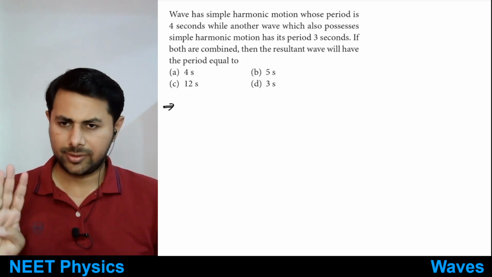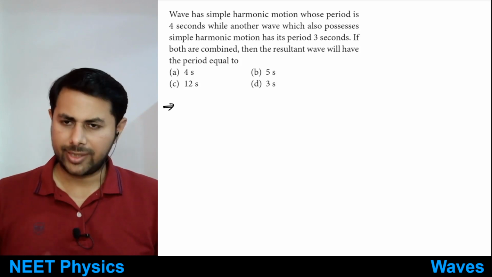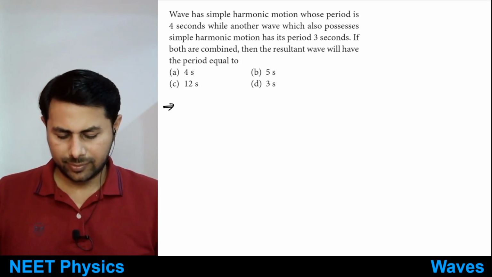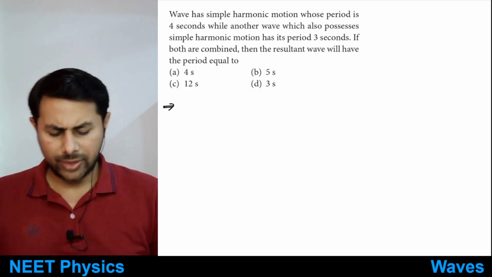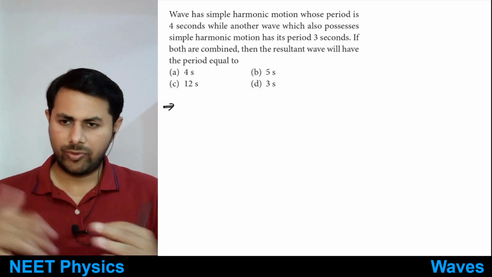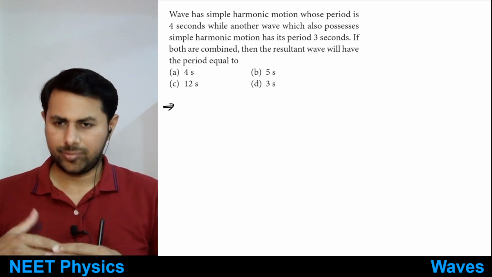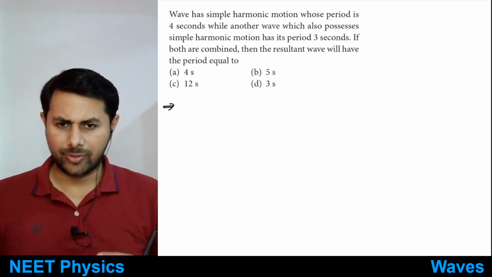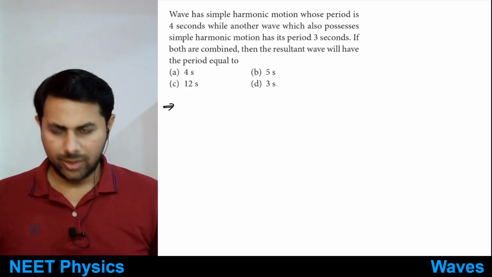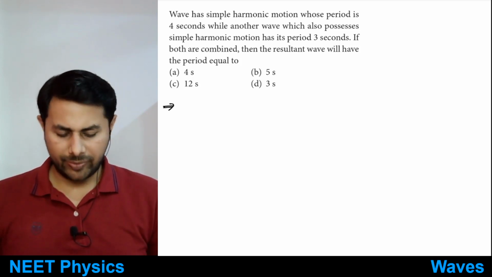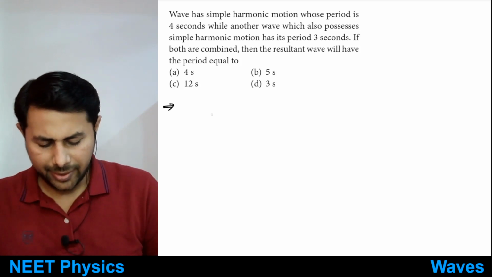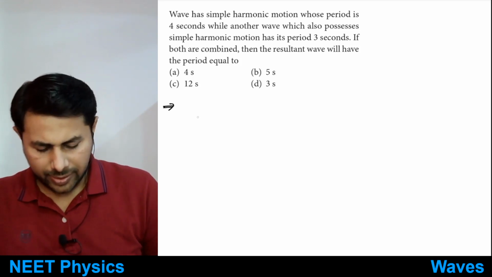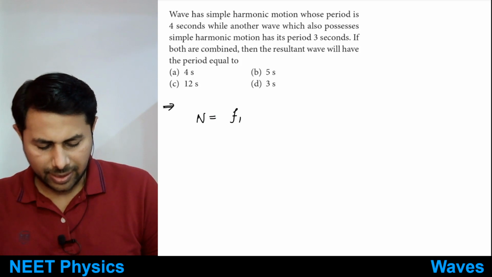First one has period equal to 4, second one has period equal to 3. Okay, so see, when two waves come at the same point, then the beats are formed, and what is the beat frequency? It is f1 minus f2.